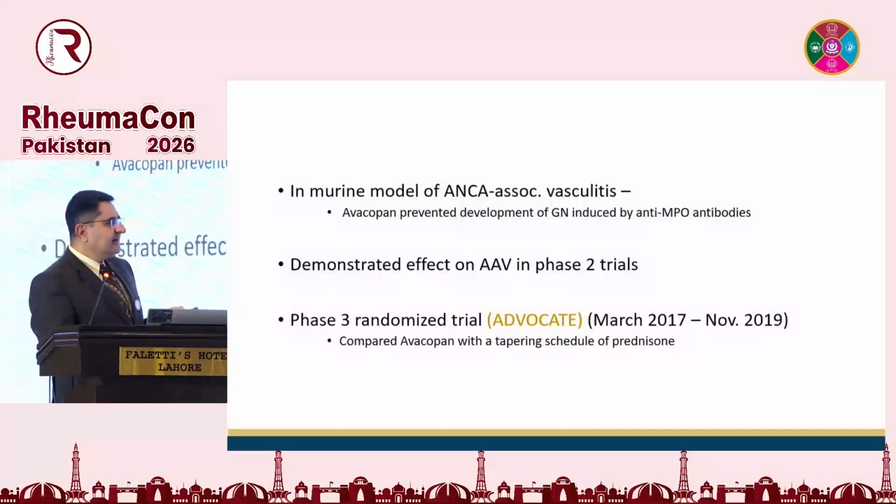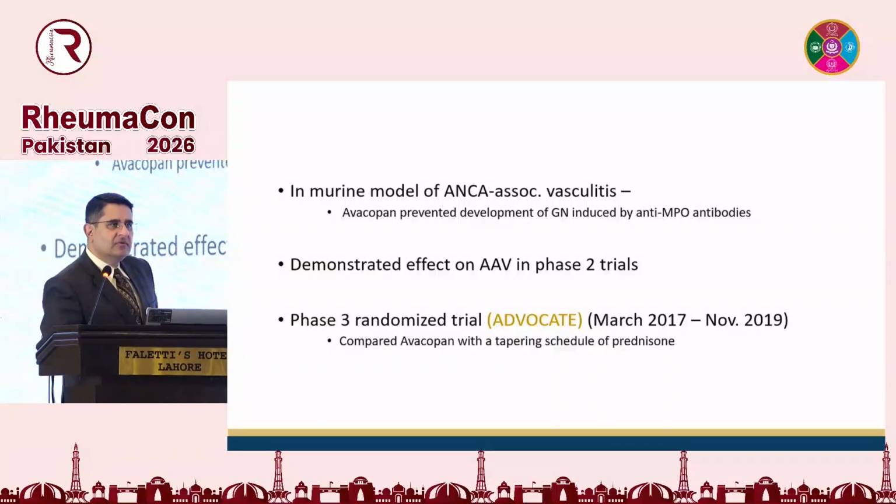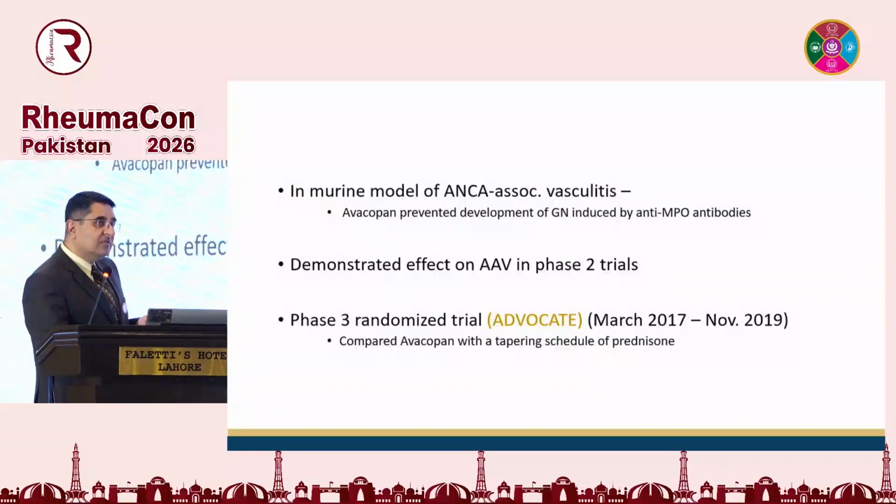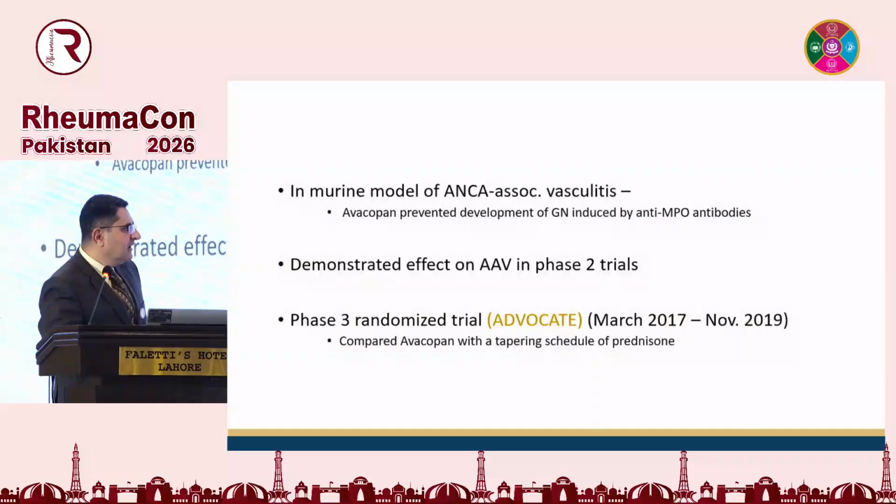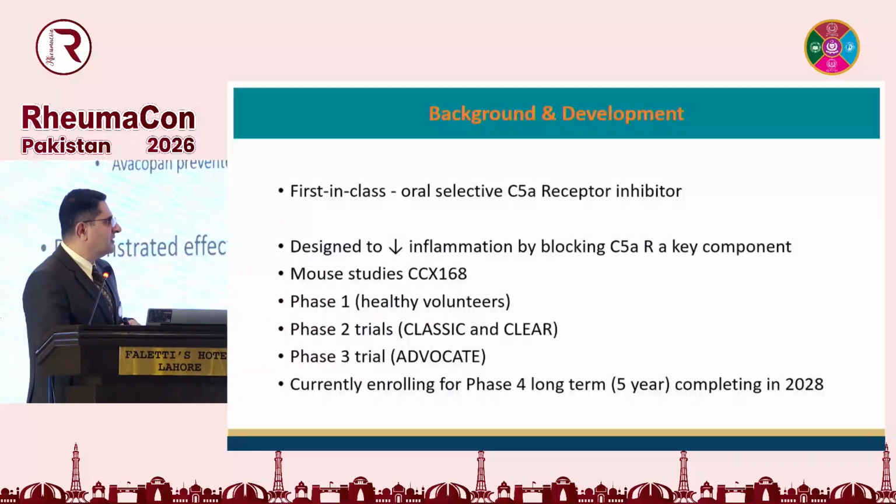So, how did we get here? It has demonstrated effect on ANCA-associated vasculitis in phase 2 trials. In phase 1 trials, just normal volunteers are given this drug and there are no side effects. Then in phase 2 trials, it is given to diseased patients in a small cohort. And in phase 3, which is a larger trial, it is given and its effects are seen for a relatively longer period of time.